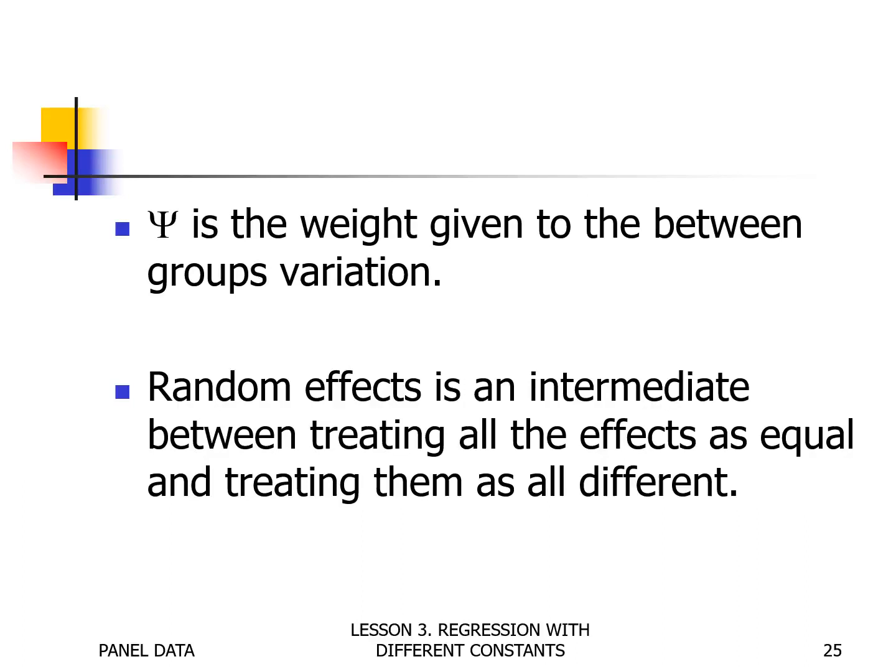Psi again is the weight given to the between groups variation. If capital psi is small, then the between group variation is not very powerful in this formula. So it says here that the random effects model is an intermediate between treating all the effects as equal and treating them as all different. So it's a compromise.